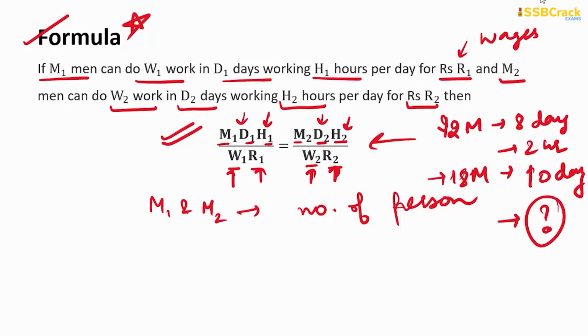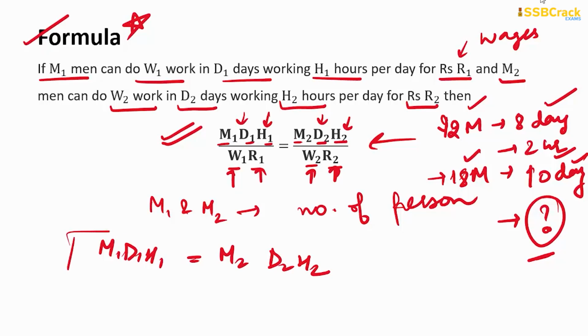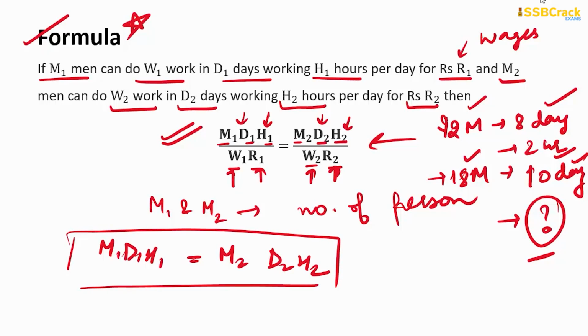So here you are given M1, D1 and H1 and M2, D2, and you are required to find H2, right? So here you will directly use the formula M1, D1, H1 is equals to M2, D2, H2, right? So like that we can always customize the formula based upon the things given in the question, right? So let's take an example.